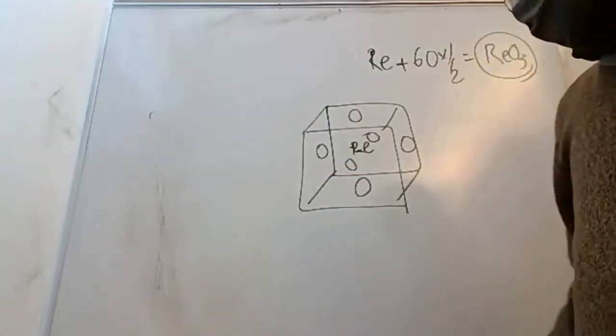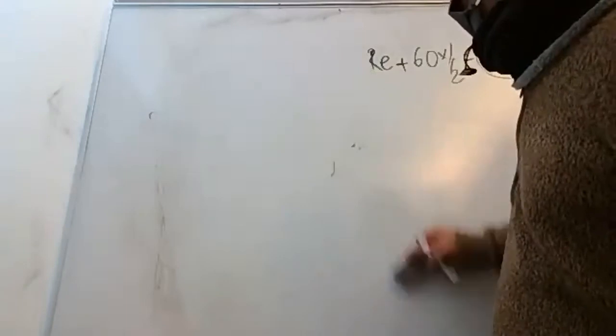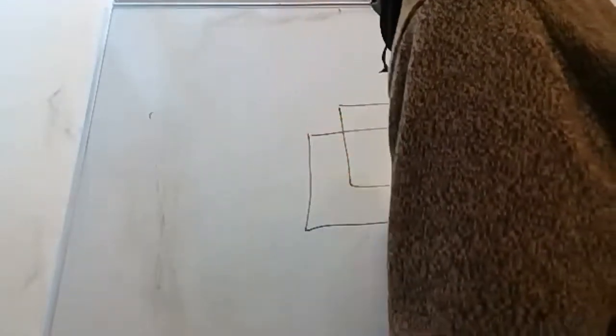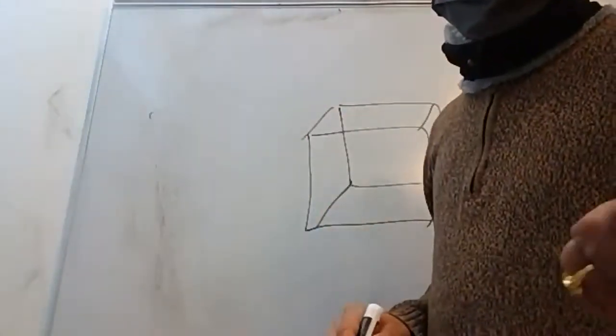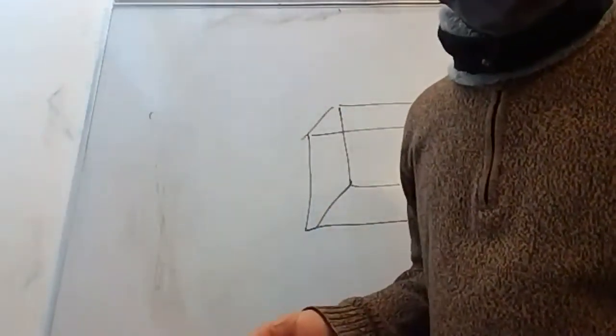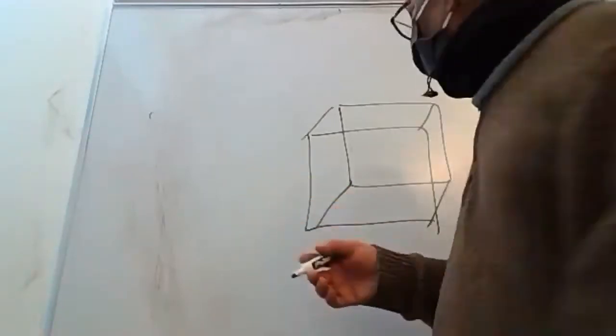Let's do one more. So when somebody gives you a crystal structure, you should be able to know what the formula of the compound is just by using the simple principles.